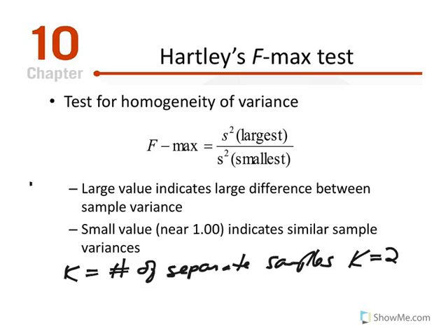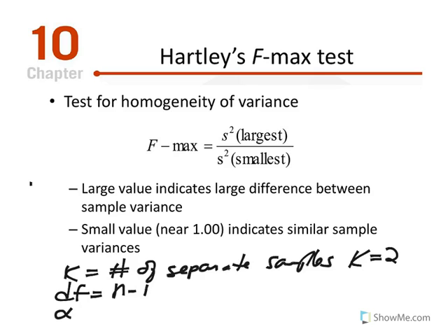Next, we'll need degrees of freedom for each sample variance, and we calculate that by taking n-1. The F-max test assumes that all samples are the same size, and you'll see the relevance of that in just a second. And then finally, we need the alpha level.